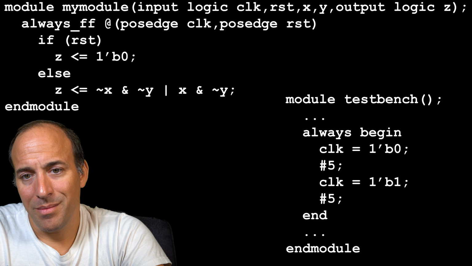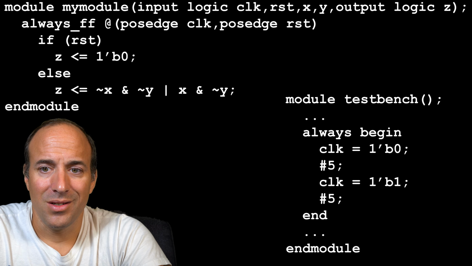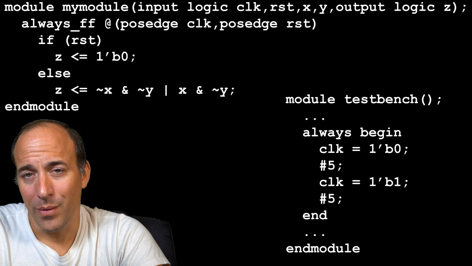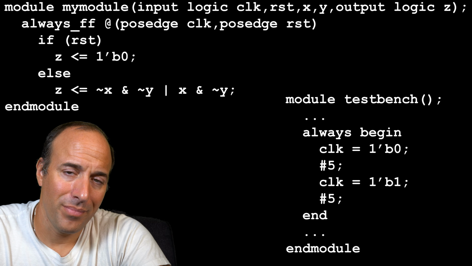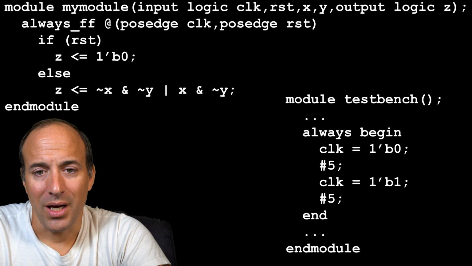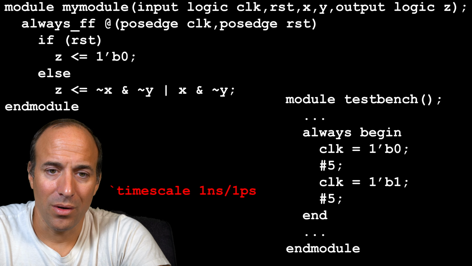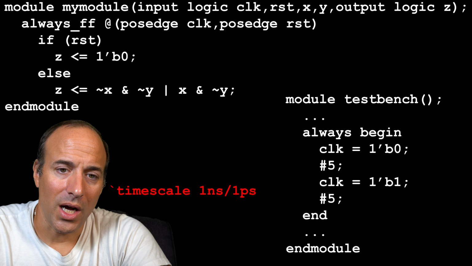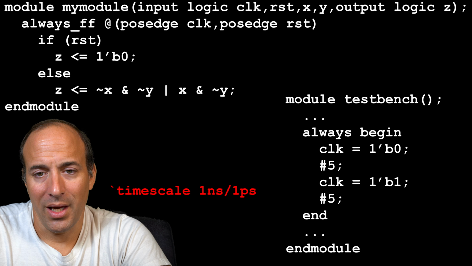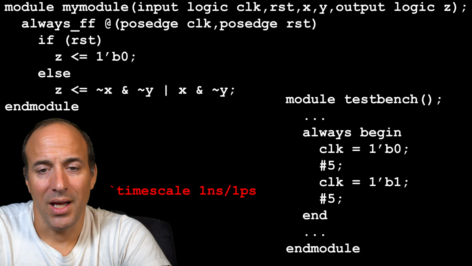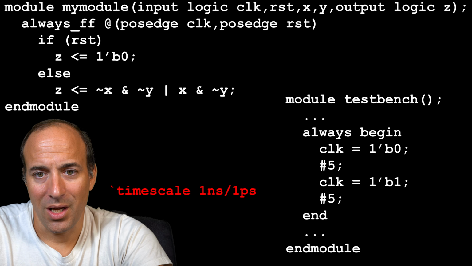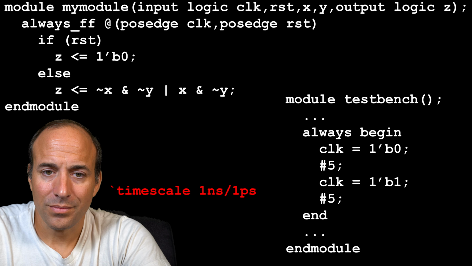Now note that a simulation time unit is normally set using a compiler directive at the beginning of your module file, using the syntax shown, basically accent grave timescale followed by the time unit for the simulator and a slash, and the time precision and no semicolon.